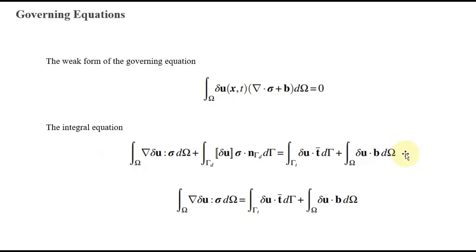It must be noted that the second integral on the left-hand side of the equation, on the discontinuity gamma sub d, can be eliminated from the integral equation by assigning the positive and negative sides to gamma sub d and imposing the traction-free boundary condition on the crack face.